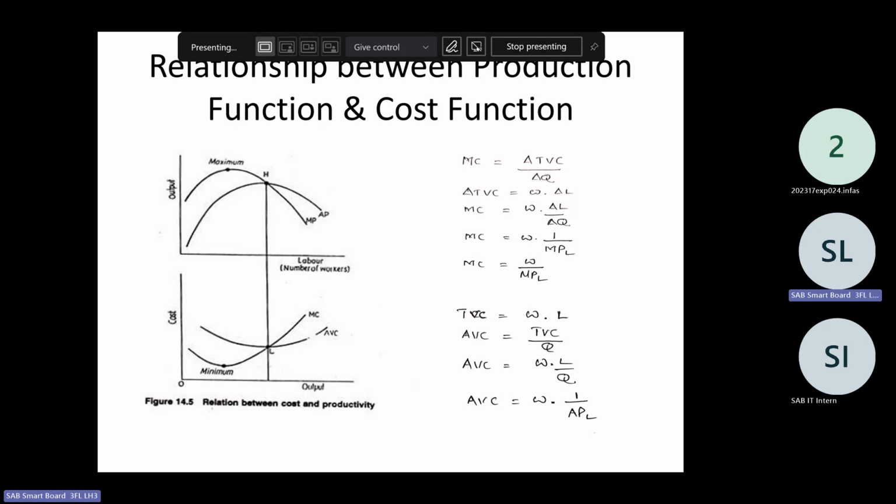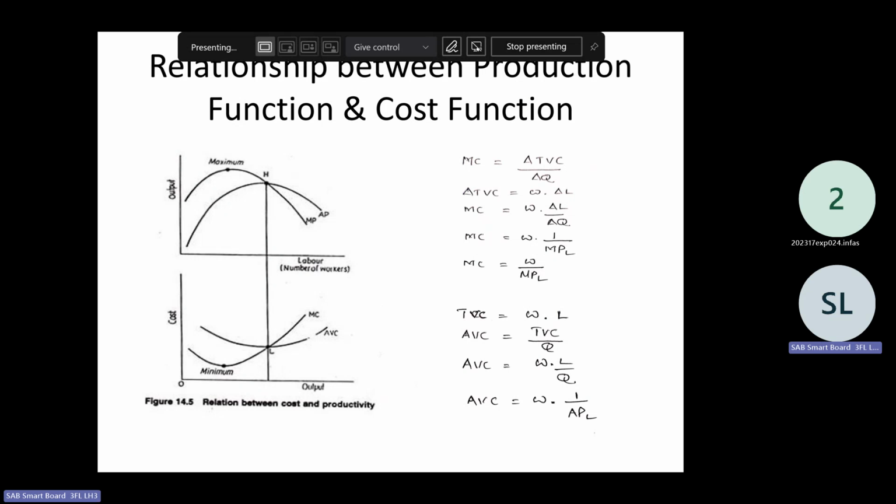That is the TVC, TVC equals W into L, where L means the number of labor inputs, maybe labor hours or number of workers. You incorporate 10 workers, per worker you pay 1,000 rupees, that is the variable cost.